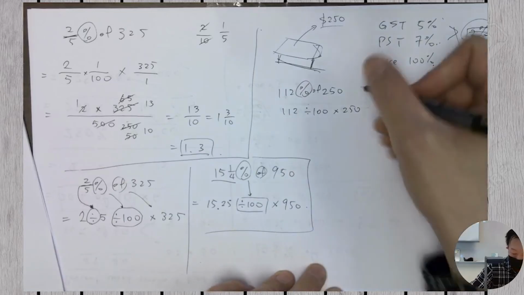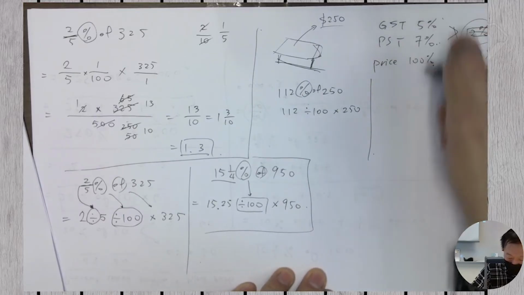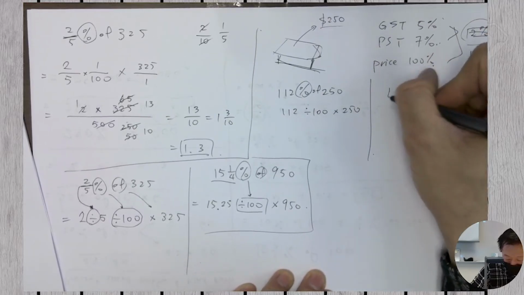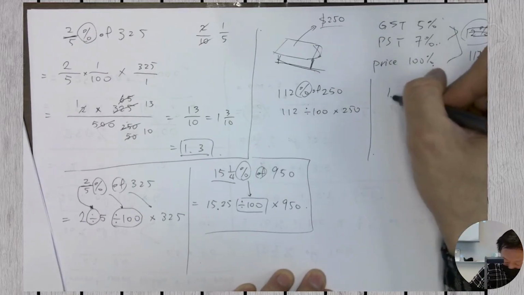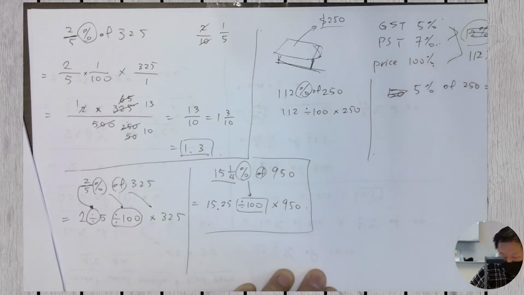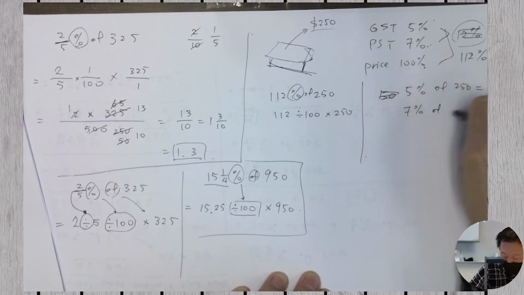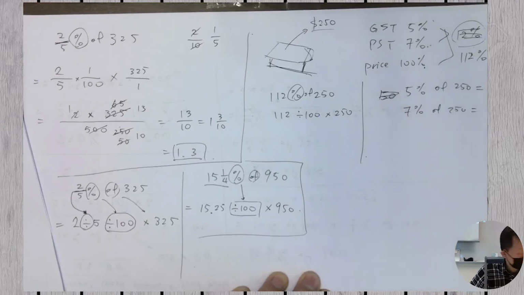If you have not recognized that you can add the percentages, or you need to find out individually, then you would take 5% of 250, punch that in the calculator, and 7% of 250, punch that in the calculator.